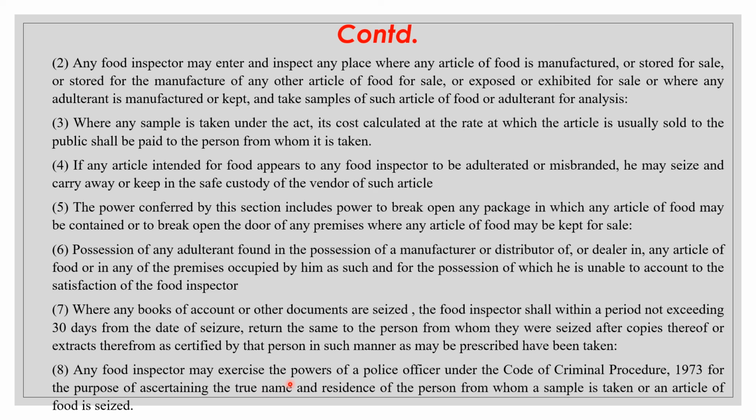And food inspectors can exercise the powers of a police officer under the Code of Criminal Procedure 1973. So food inspectors have the same powers as a police officer under the Code of Criminal Procedure 1973.